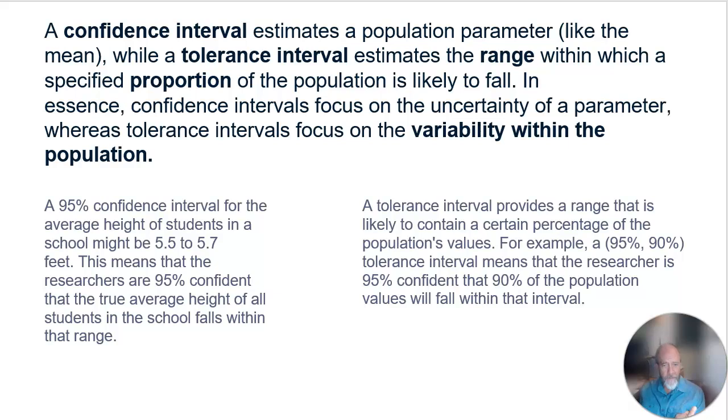Tolerance is a little bit different. It provides a range that is likely to contain a certain percentage of the population's values. For example, in this case, we've got the 95% of 90%, which means that you're 95% confident that 90% of the population values are going to fall within the tolerance.